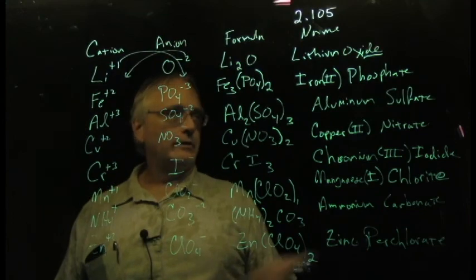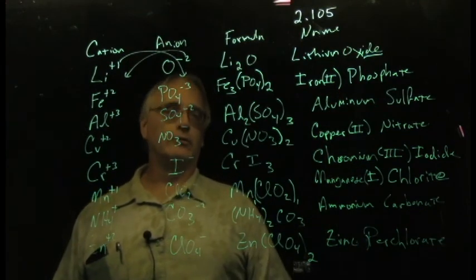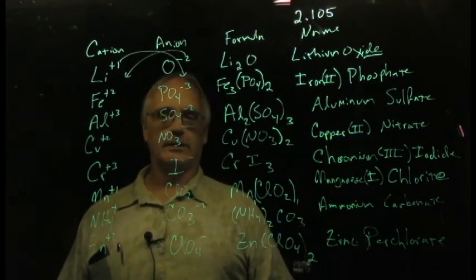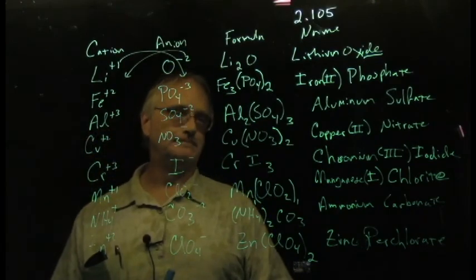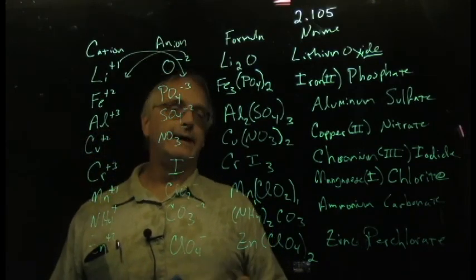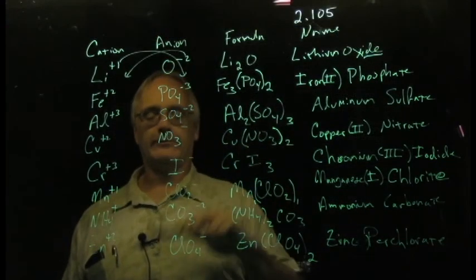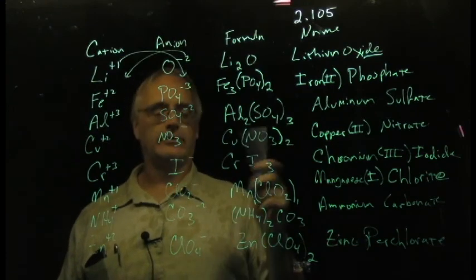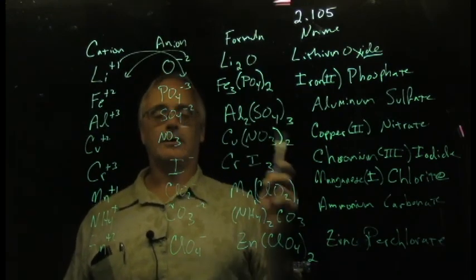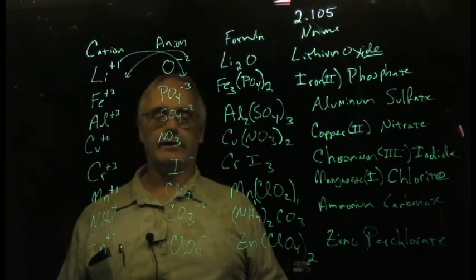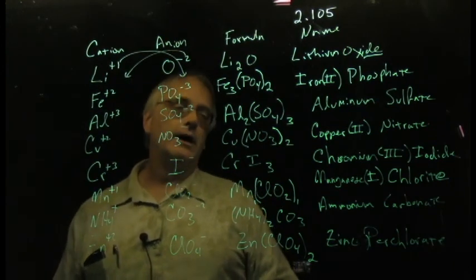For the transition metals, the modification of the Roman numerals that has to be gleaned from the formula or directly from the information given. And then the database of information on polyatomic ions in particular, phosphate, PO4 3, sulfate, SO4 2, nitrate, NO3 minus, perchlorate, ClO4 minus, carbonate, CO3 2, that kind of thing.